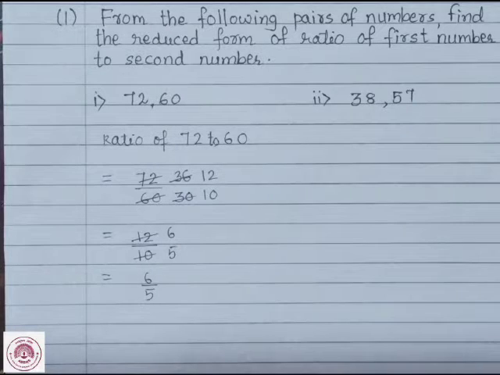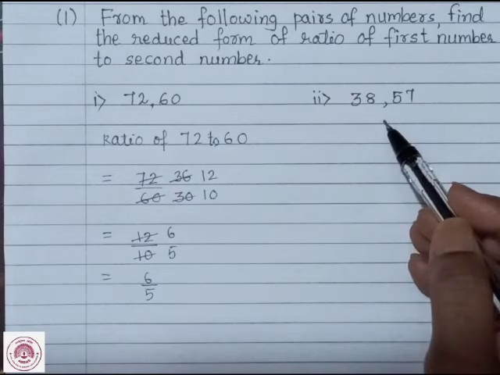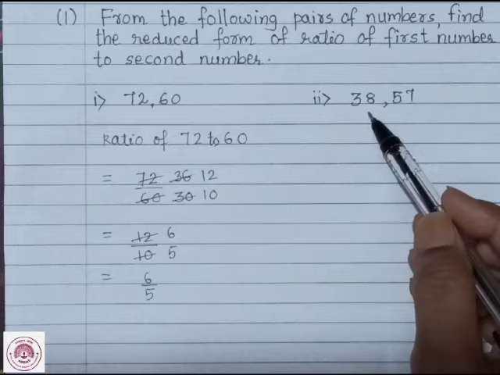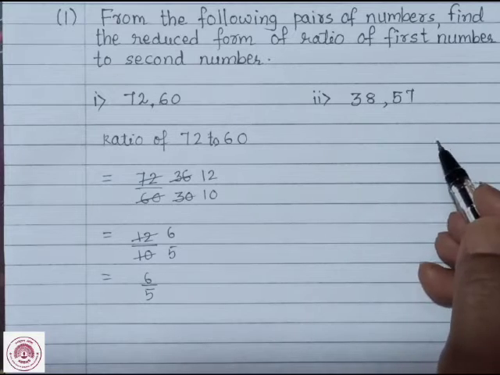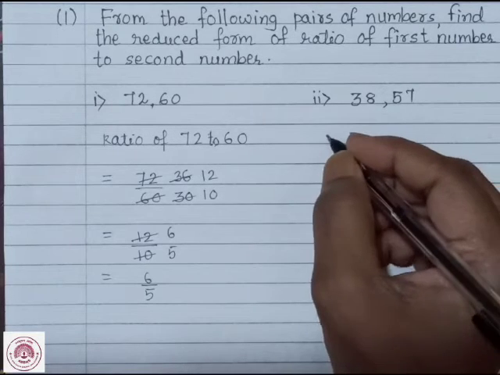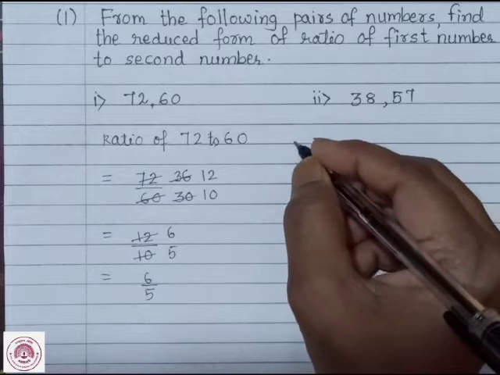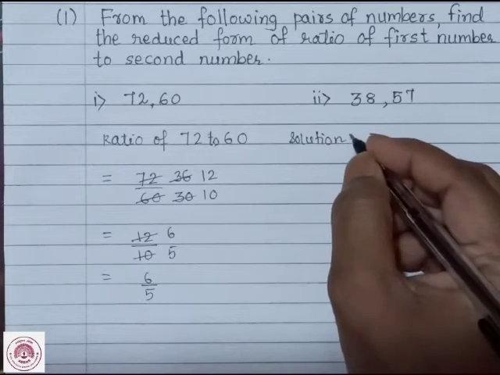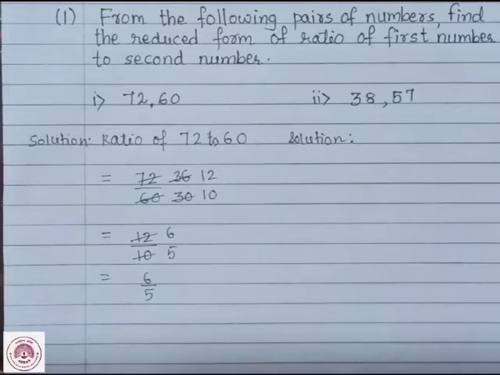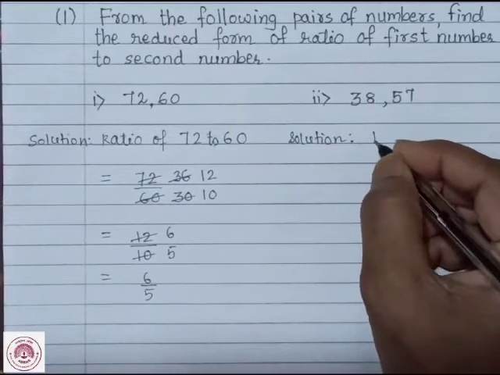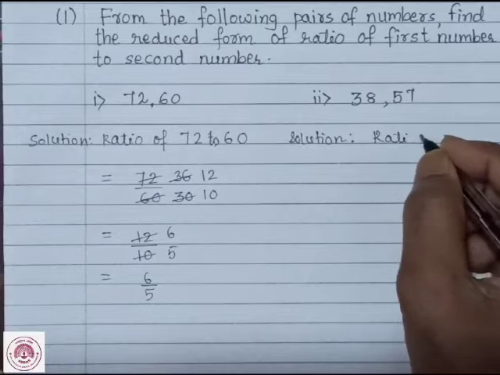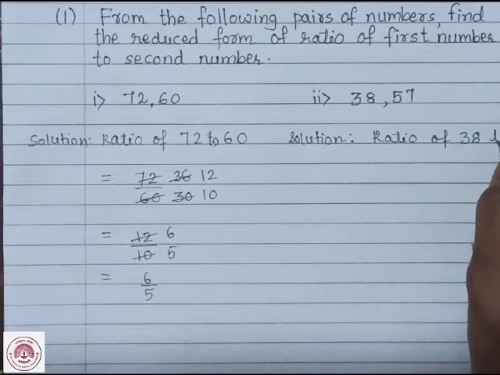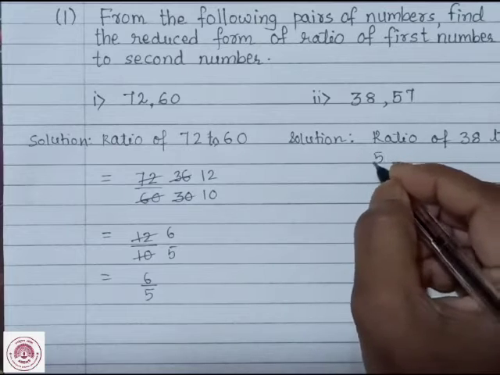So let's solve one more. So we'll find out the reduced form of the ratio 38 to 57. So let's start. Solution. So ratio of 38 to 57.